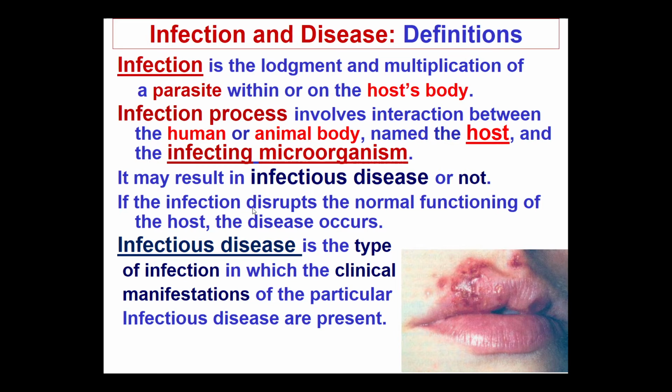If the infection disrupts the normal function of the host, the disease occurs, infectious disease. So infectious disease is the type of infection in which the clinical manifestations of the particular infectious disease are present. It means disease is a type of infection associated with clinical manifestations.